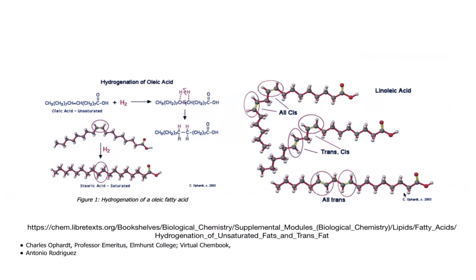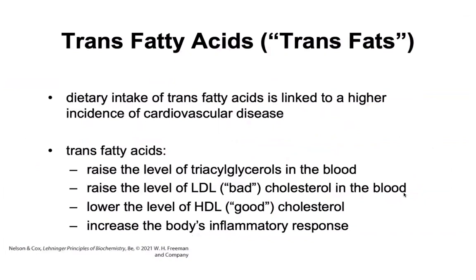And it turns out that these trans bonds, the more zigzaggy ones, not the ones that kink you, not only alter the properties of the lipids, but also have health problems. So dietary intake of these is linked to higher incidence of cardiovascular disease. They tend to raise the bad cholesterol in your blood, lower the good cholesterol, and increase the body's inflammatory response. This is just taken from the text slides, and I'm not an expert on that, but that's where this comes from.